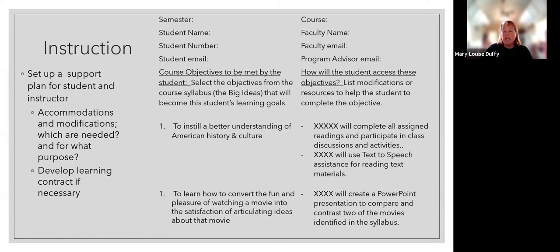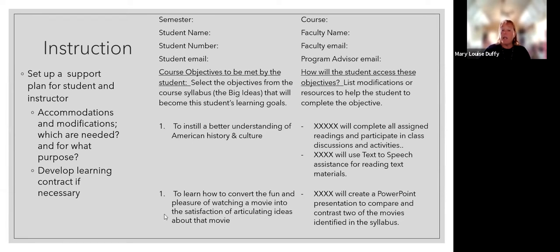The second column over here has some of the accommodations that you've identified from the discussion with the faculty member. When I was at FAU and we were developing this model, both Gwen and I talked about the fact that it need not be a dissertation; it needed to be a one-page thing with a minimal number of objectives.